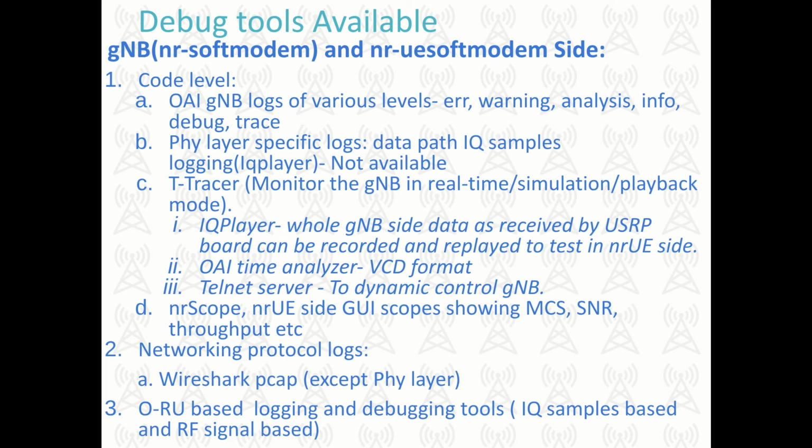There are quite a few tools available. At the code level, various types of logging are possible: warning, error analysis, debug. The file layer specific log is supposed to be there to some extent. Again, I have not used that myself, but it is supposed that some sort of IQ layer recording is there.